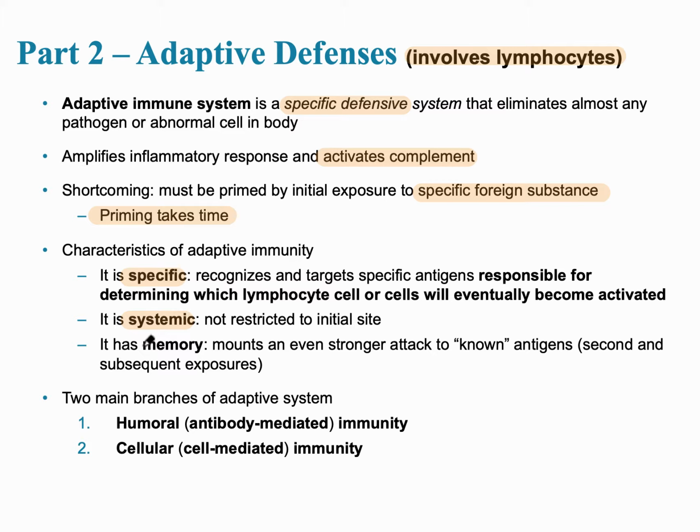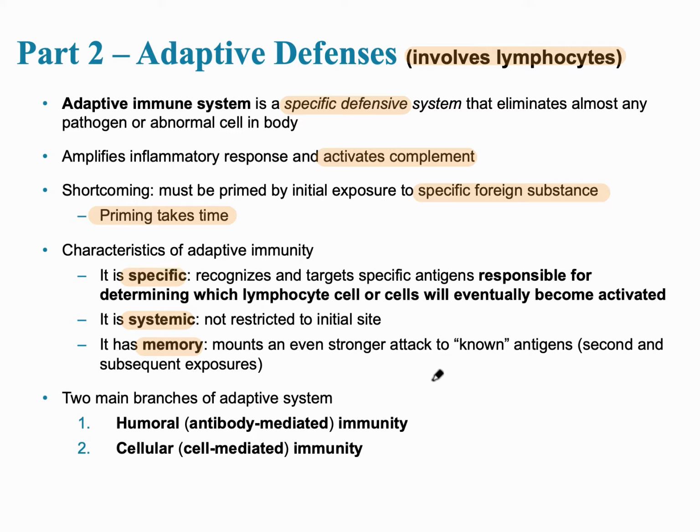And finally, it has memory. So this means that it remembers its attacker. It remembers that antigen and can form memory, so the next time it encounters that exact antigen, there's a much stronger, more powerful response, and it happens much more quickly.